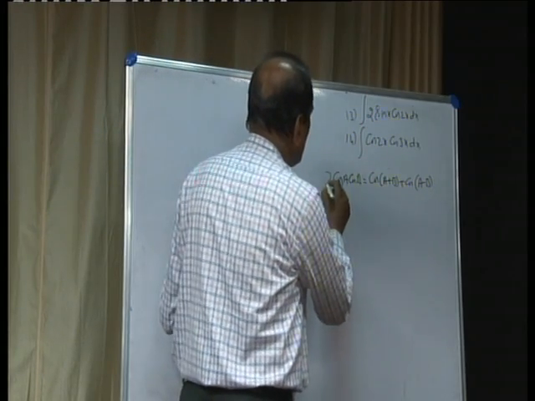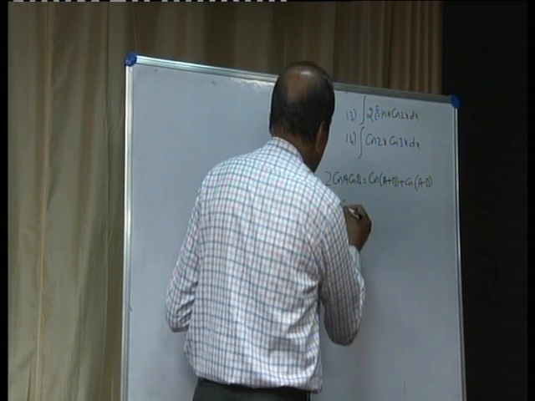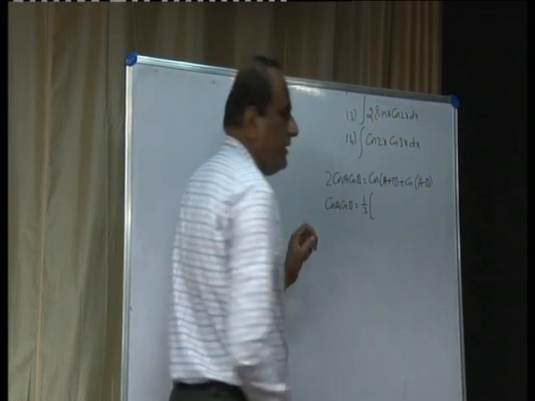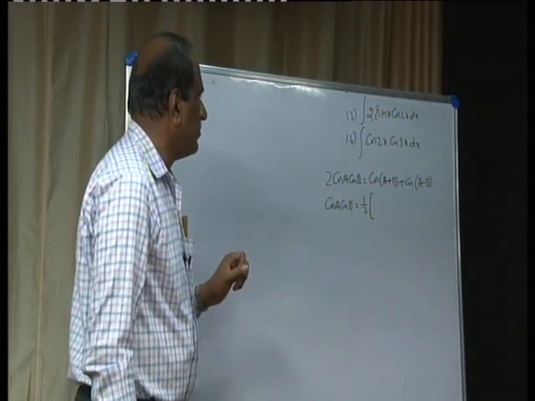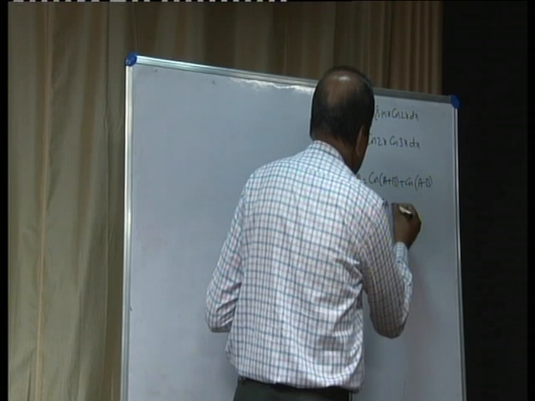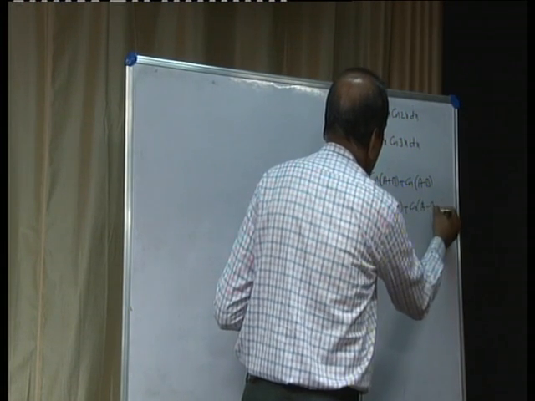Transferring the 2 to the other side, cos a cos b is equal to 1 by 2 into cos of a plus b plus cos of a minus b.